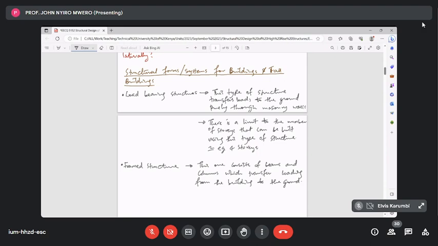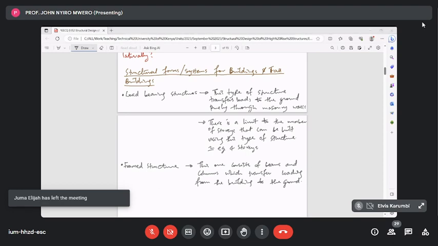Frame structure is the commonest type of structure that we see around, like the U block where we have offices, classrooms and laboratories. It consists of beams and columns. So you have a slab that sits on beams, the beams are carried on columns, and the columns transfer the loading to the foundation.